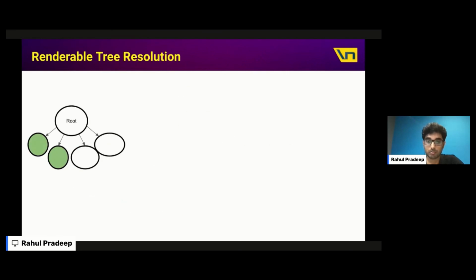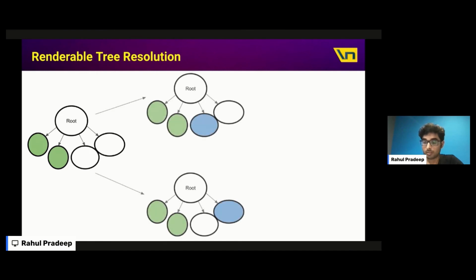So let's take an example of the flow. In this example, there are two computationally cheap nodes, the green marked nodes, and there are two computationally expensive nodes which are marked as white, right? So what we do is we mark each one of these computationally expensive nodes, and then the one task unit becomes two task units when we mark these nodes, right? Now that these are marked and independent, we could potentially render them in parallel.